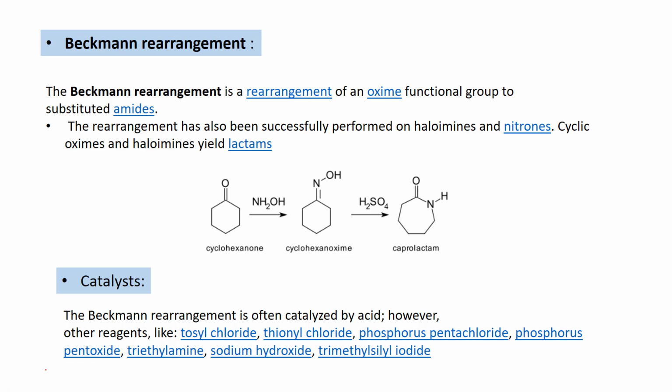If we are taking a cyclic ketone and want to incorporate oxygen between the carbon-carbon bond, we perform a Baeyer-Villiger oxidation. Similarly, in Beckmann rearrangement there is an incorporation of nitrogen, but the mechanism is different. So this is called Beckmann rearrangement.